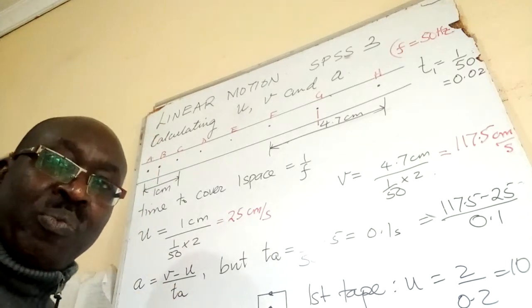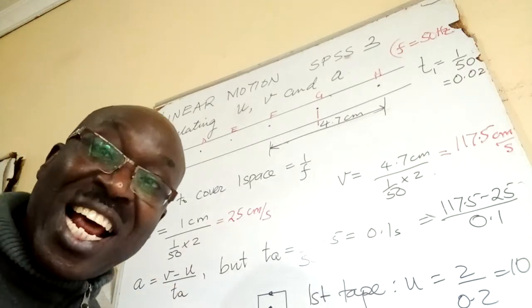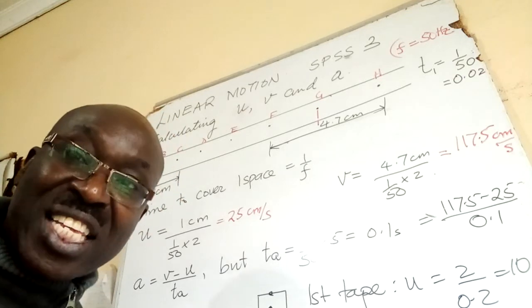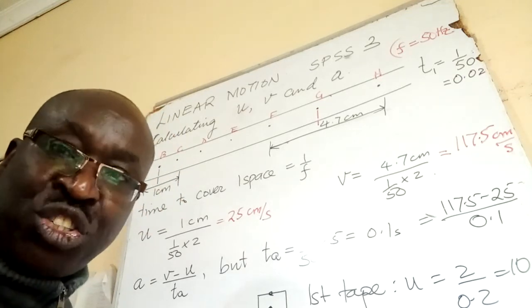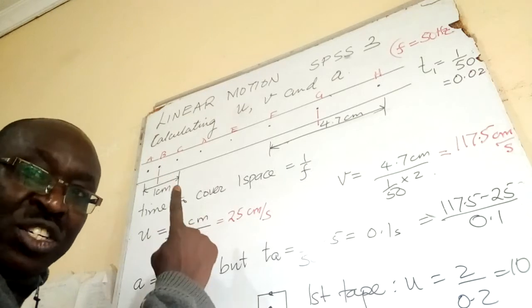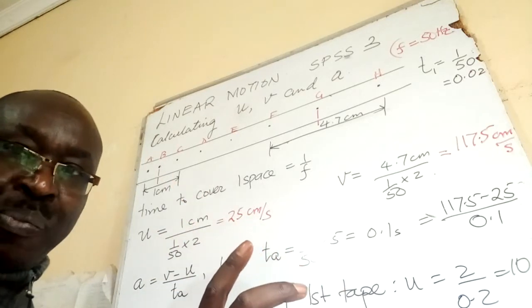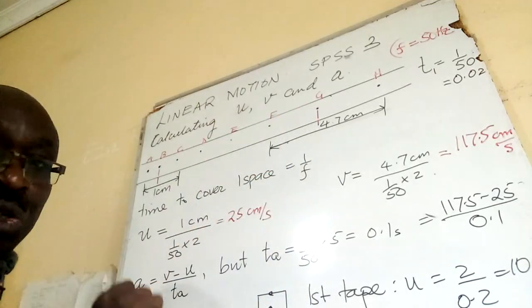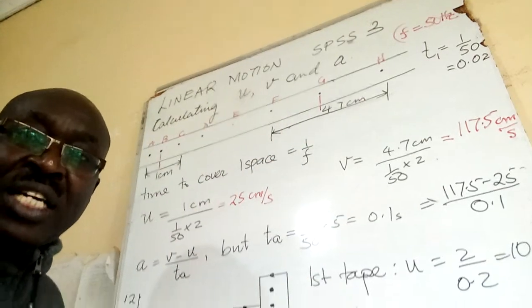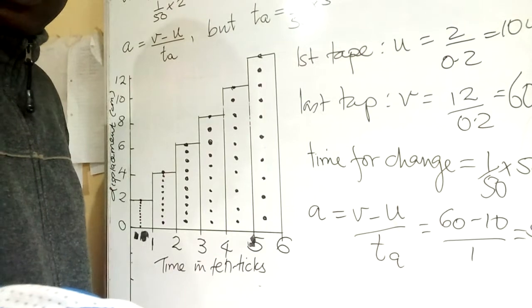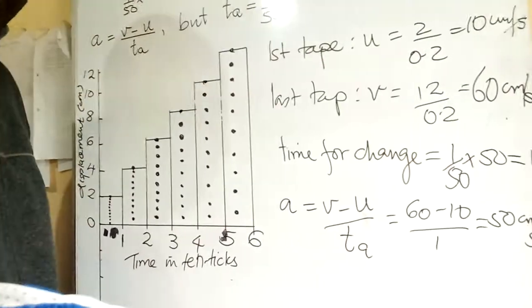I want to move on to another version of asking for acceleration. This version is a piece of tape like the one I've shown. Let us look at the second version. I'm focusing my camera down now.